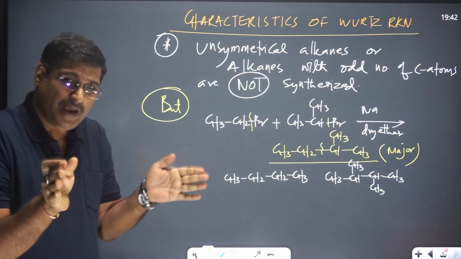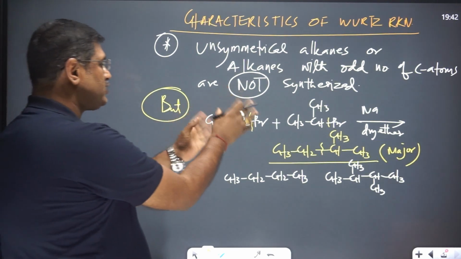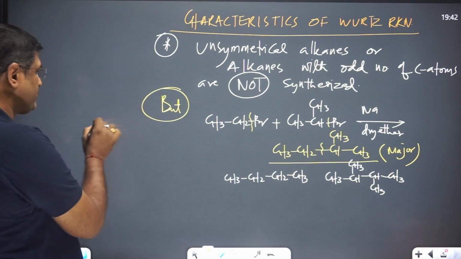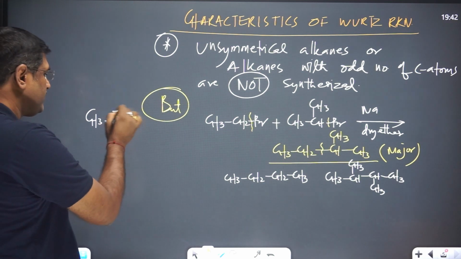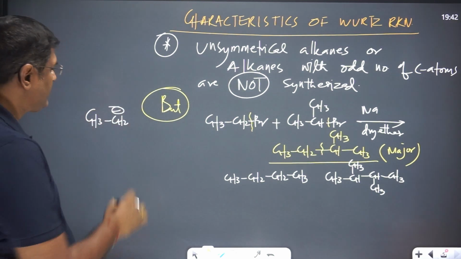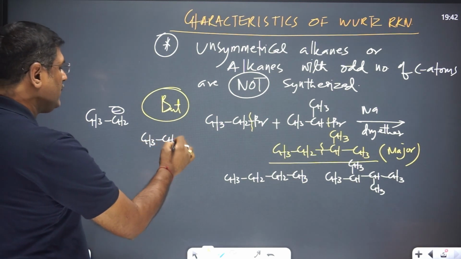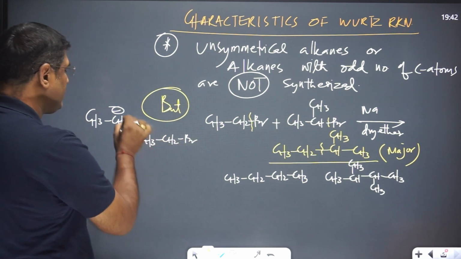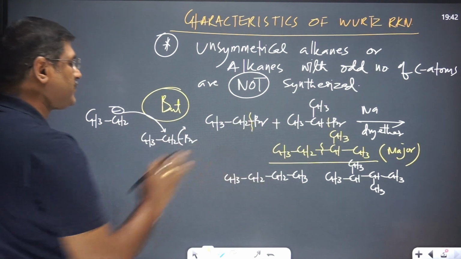As per the mechanism we learned, here the CH3CH2 minus forms. Take this rough work here. When the CH3CH2 minus is there, it can attack the other CH3CH2Br, and this is the product.